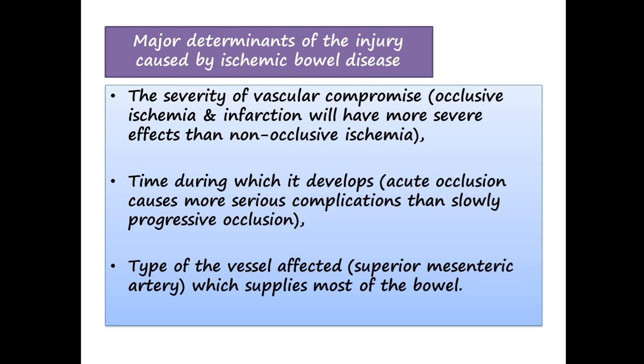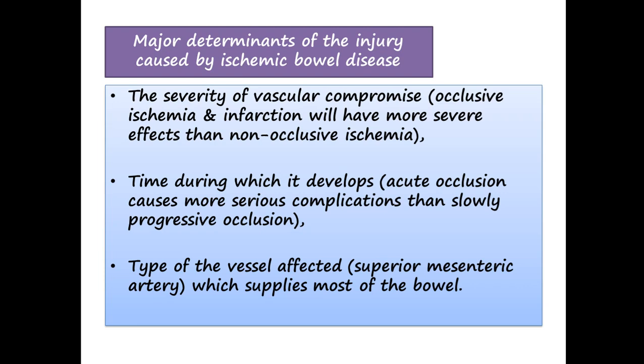The major determinants of how severe the ischemic bowel disease will be is the severity of the vascular compromise. For example, sudden occlusion of a major vessel, for example, the superior mesenteric artery, will have more severe effects than in non-occlusive types of ischemia, which is caused by hypoperfusion or generalized hypotension throughout the body.